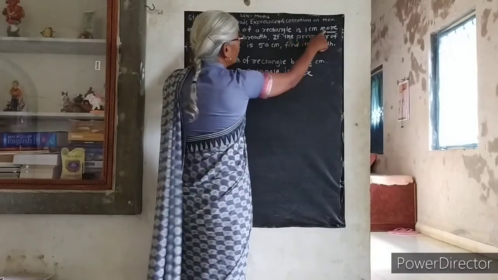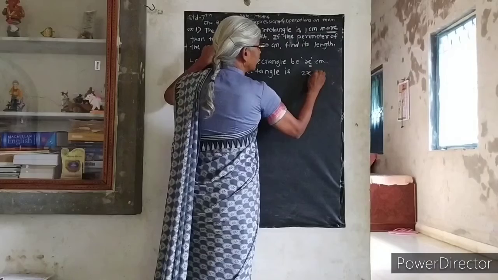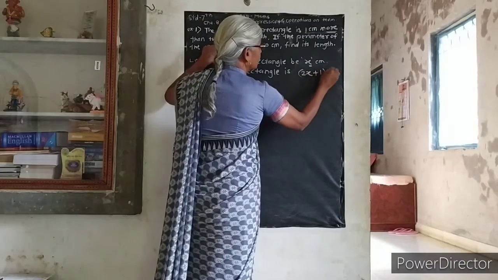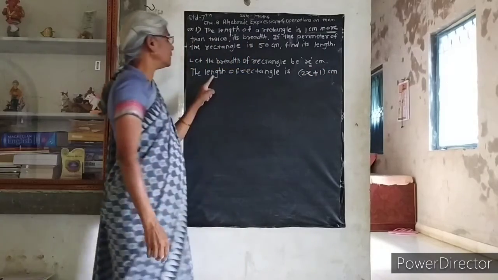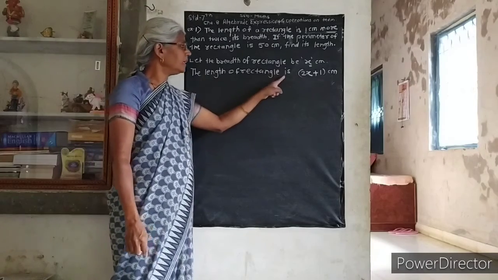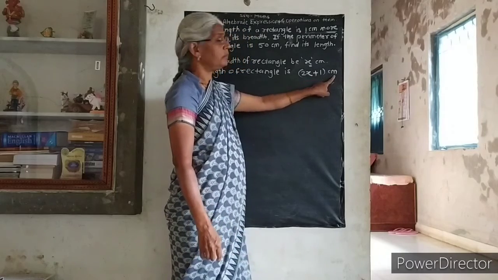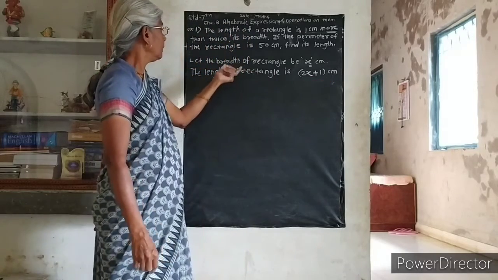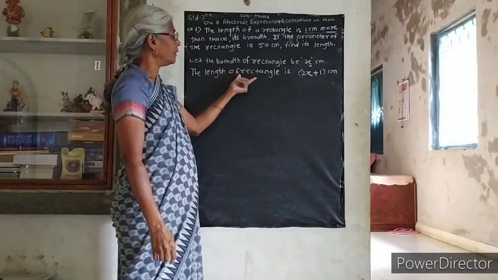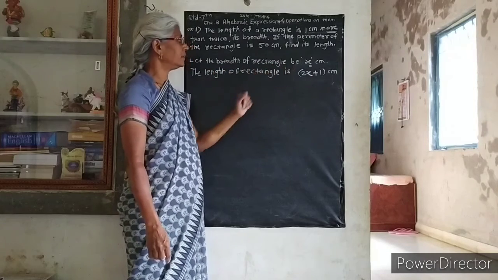And 1 centimeter more. More means addition, plus 1 centimeter. That is the length of the rectangle. The length of the rectangle is 2x plus 1 centimeter. Means we convert the length of the rectangle with the help of the breadth of the rectangle.